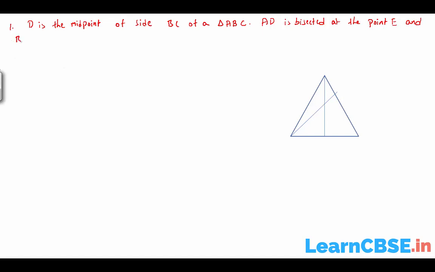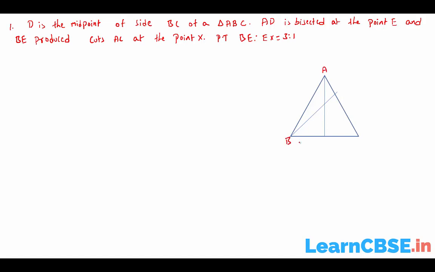BE produced cuts AC at the point X. Prove that BE is to EX equals 3:1.